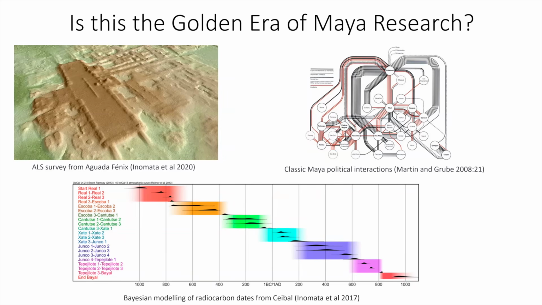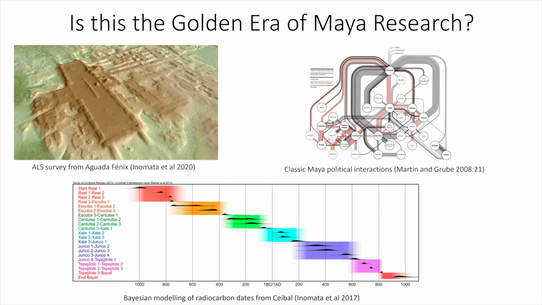A lot of the really exciting things happening right now relate to the maturation of the decipherment of the Maya writing system. We've moved from understanding the basics into a time where we're working out historical synthesis.